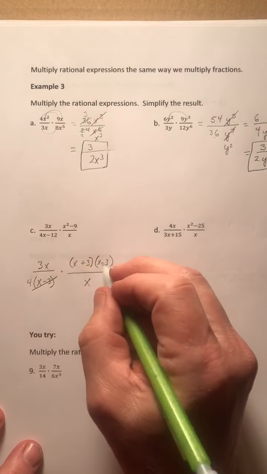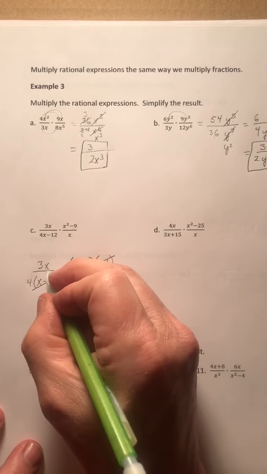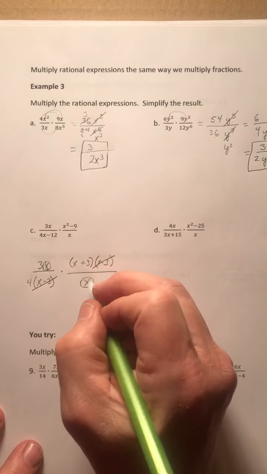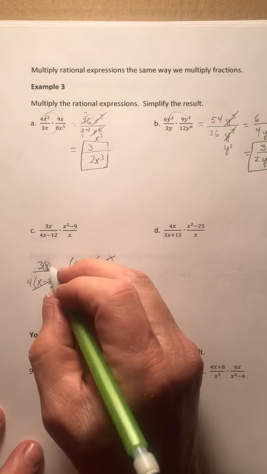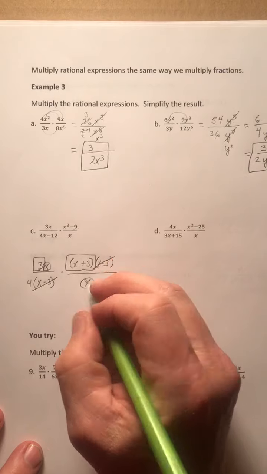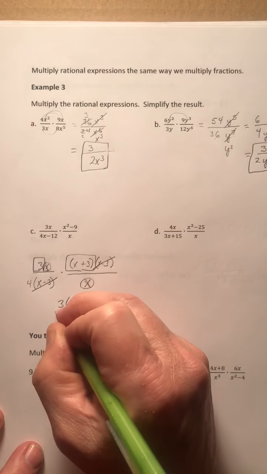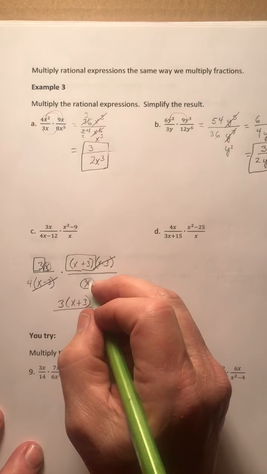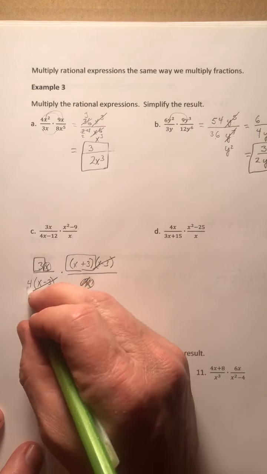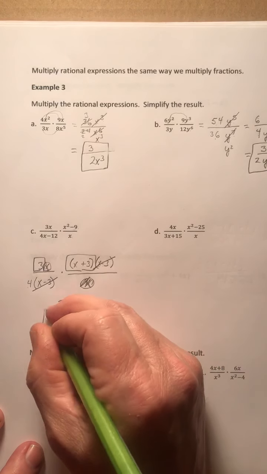We can cancel those out. We have an x in the bottom here and an x in the top here. We can cancel those out. So now in the top, I still have a 3 and an x plus 3. So I get 3 times x plus 3. And then the bottom, that's canceled out, so I only have a 4. And that's my answer.